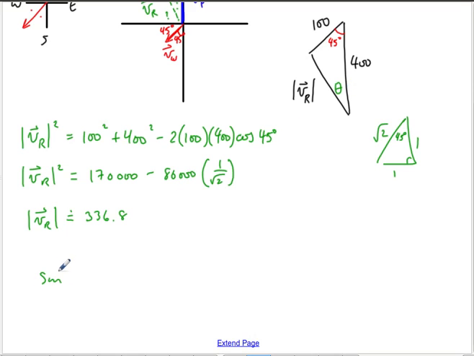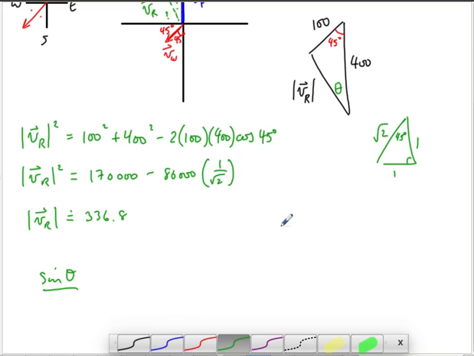So I'm actually going to say that sine of theta over the sine of 45 degrees is equal to, across from theta is 100. Actually, let me, that's not the way we normally write sine law to start. What I was going to write was correct, but it's not how we normally write sine law.